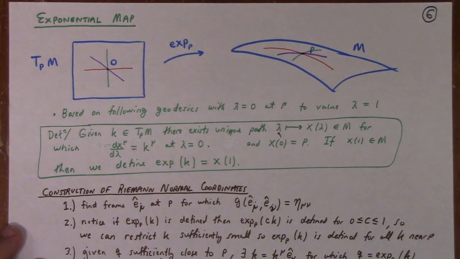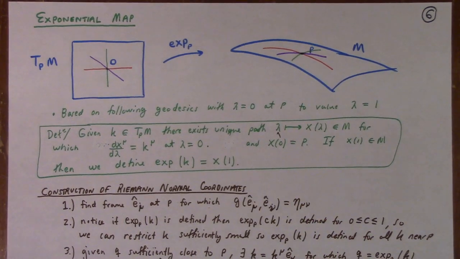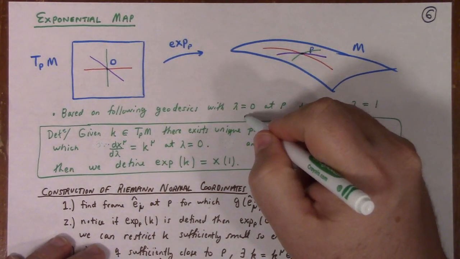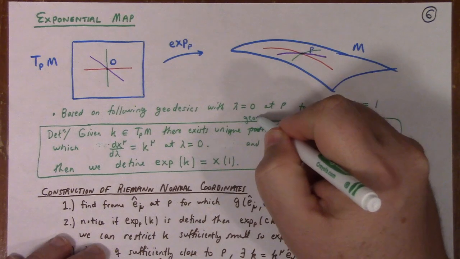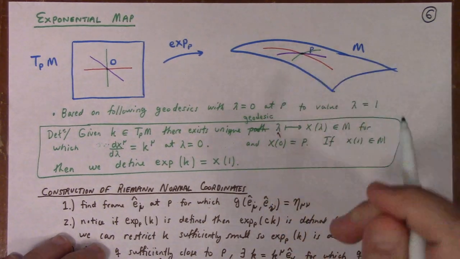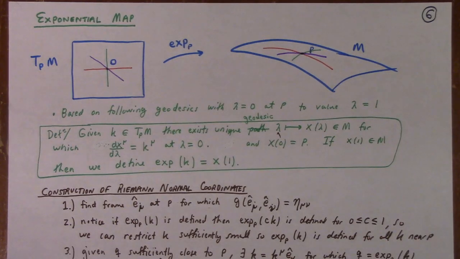And I think I've buried the lead here: not just a path. The word I should be putting here is geodesic. Because the geodesic equation is second order, and we are specifying its initial velocity and initial position, there's a unique solution.